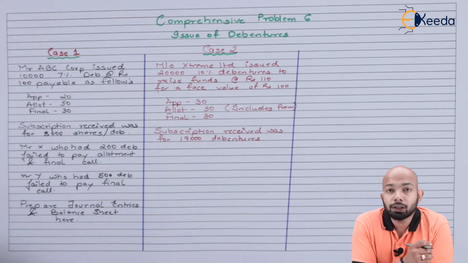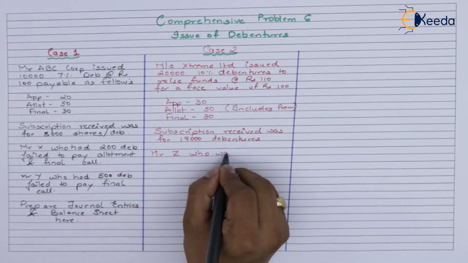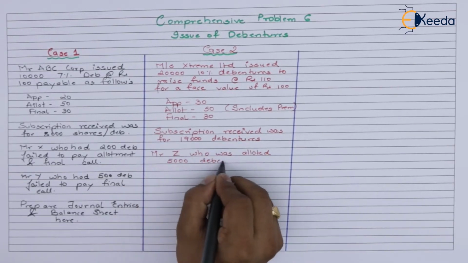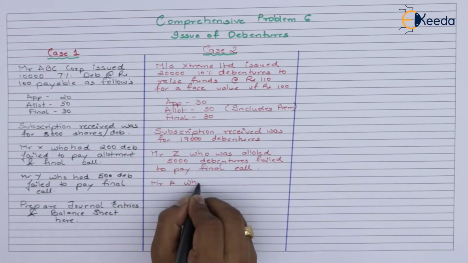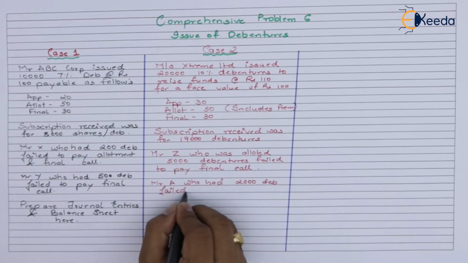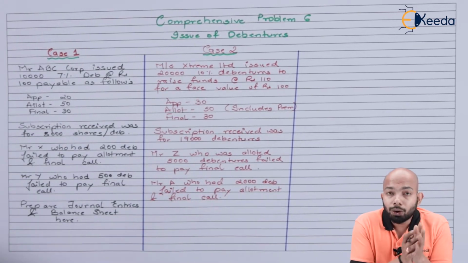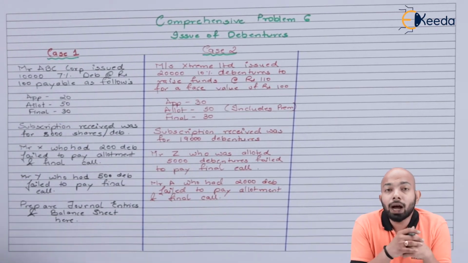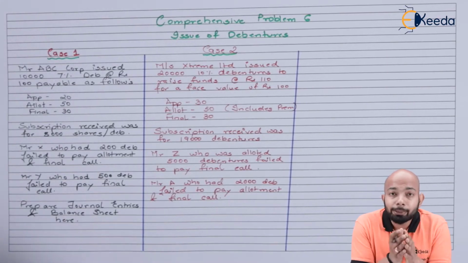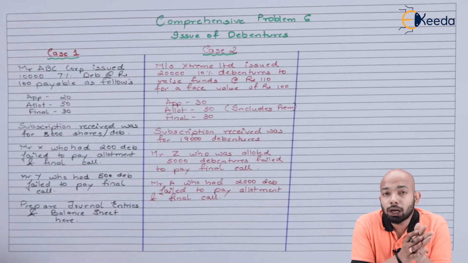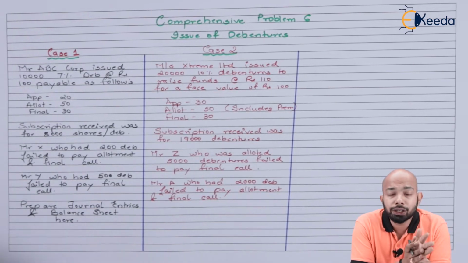Now, there will be certain call scenarios in this case study as well. There are 2 call scenarios. Mr. Z, who had 5,000 debentures, failed to pay the final call money. And Mr. A, who had 2,000 debentures, failed to pay the allotment and the final call, which has been mentioned here.